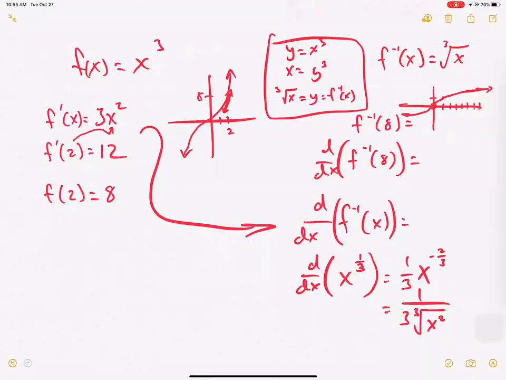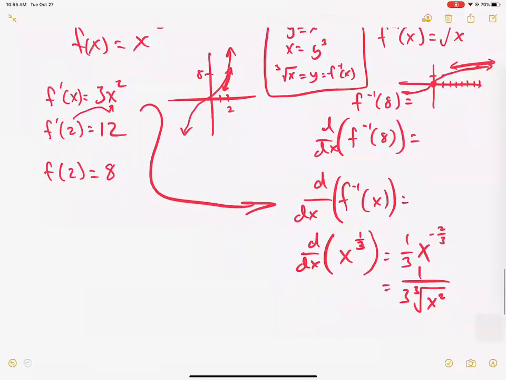All right. So since this is so steep, the slope is pretty flat, isn't it? So I want us to plug in 8, because this is 8, right? So plug in 8 here. I'm going to write this a little bigger so you guys can all see. 1 over 3, the cube root of 8 squared.